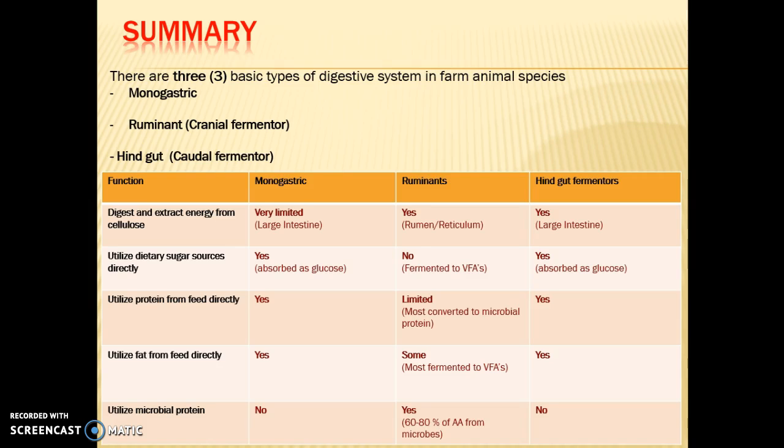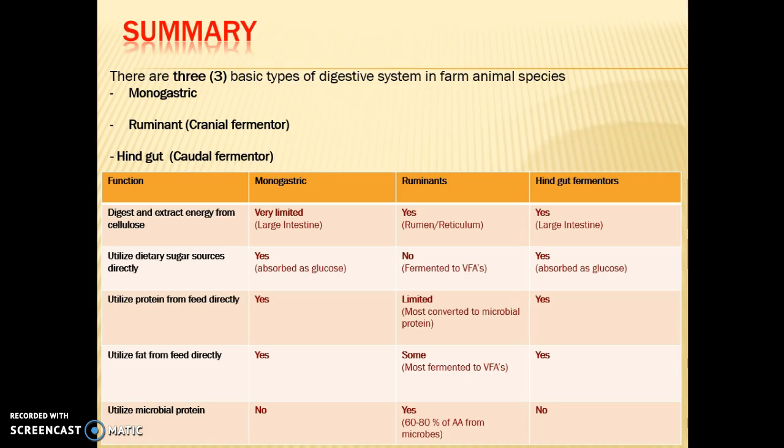Now we can conclude from this lecture that there are three basic types of digestive system in farm animals. One is monogastric, the second is ruminants, which are also called cranial fermenters, and the third is hind gut fermenters, also called caudal fermenters. Based on functions like the utilization of energy sources, the monogastric, ruminants and hind gut fermenters are shown in the table.